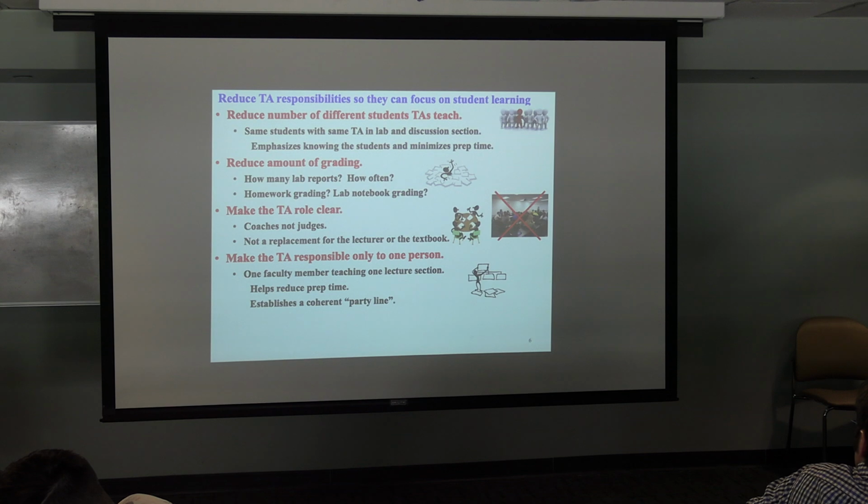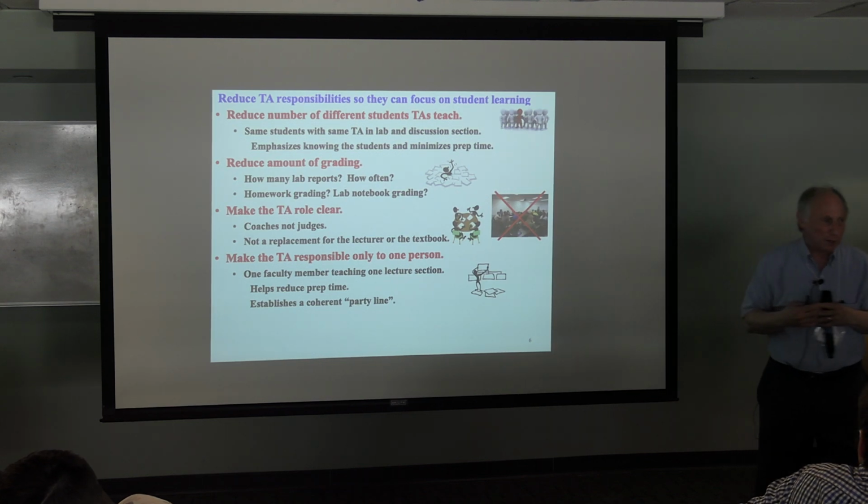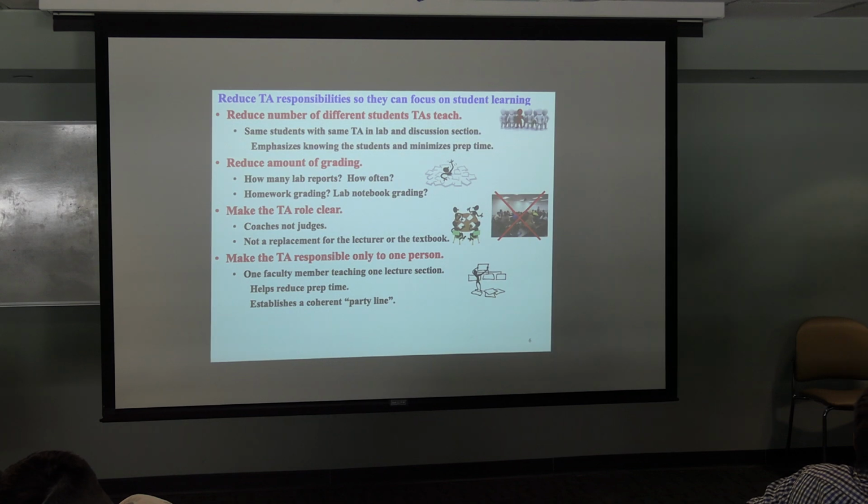And that of course reduces prep time because you're only preparing for one thing. And it helps the TA form a team with the other TAs that are working for that professor. So TAs only work for a single professor. And then they can establish in this team what their coherent idea is for the class for every week, together with the professor.